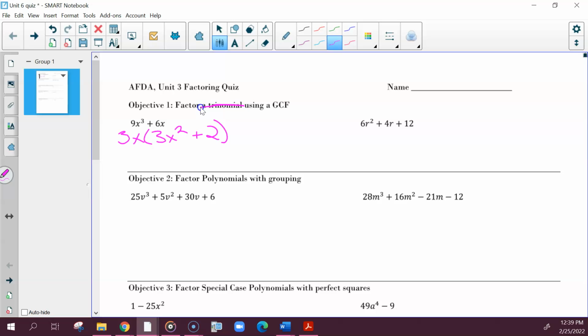What do these all have in common for the second one? 2. Divide each by 2. Notice this is not 2r because all of them don't have an r, just 2. What's left? 3r squared plus 2r plus 6. The 2 comes out in front, and then everything that's left stays inside.